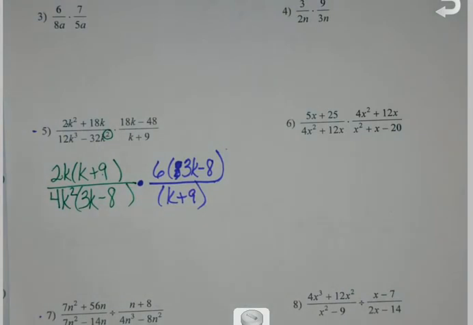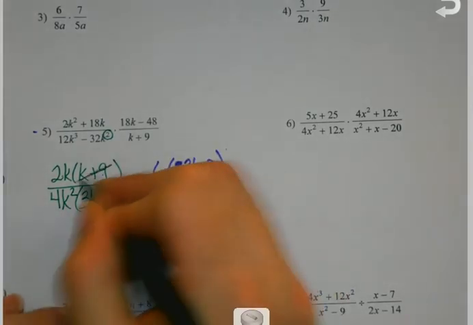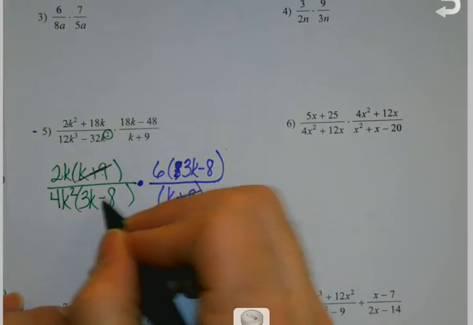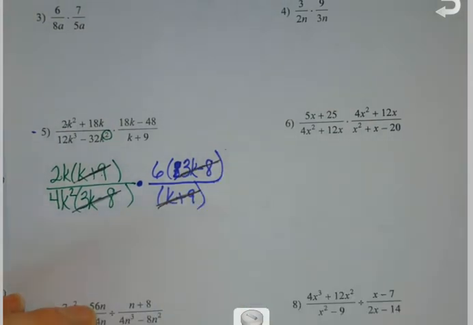Once I've cleaned up and factored everything that I can, now I can start whacking away at things. So k plus 9s are identical, I can cancel them. 3k minus 8s are identical, I can cancel them. And usually at this point is when I'll go ahead and I'll multiply across, unless I see something that's just identical completely.